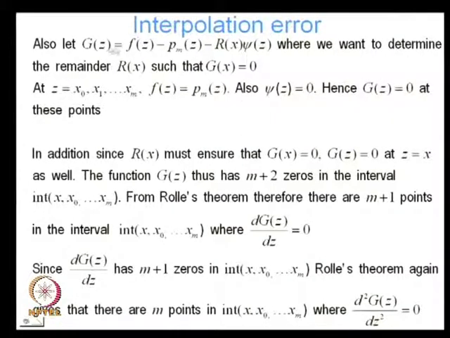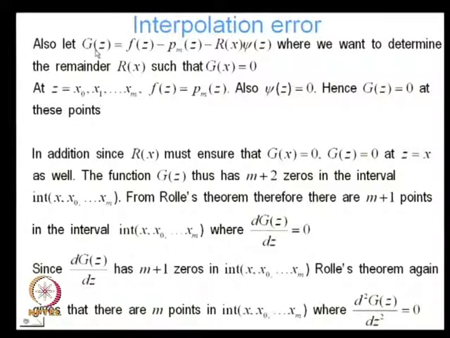And I also define another function g of z, which is equal to f of z minus Pm of z, f of z being my original function, Pm being my polynomial approximation, minus r of x times psi of z. So we want to find out r of x such that g of x is equal to 0.